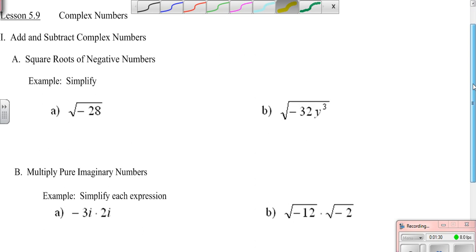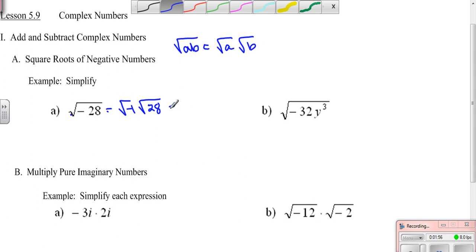So what does this mean? Again, anything with an i is going to behave almost exactly like a variable. Now we can solve this, and we want to think about this as the square root of -1 times the square root of 28, because we know that we have that rule that says that we can split a root. So the square root of -1 is i.